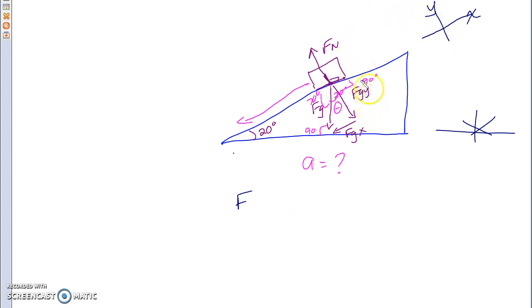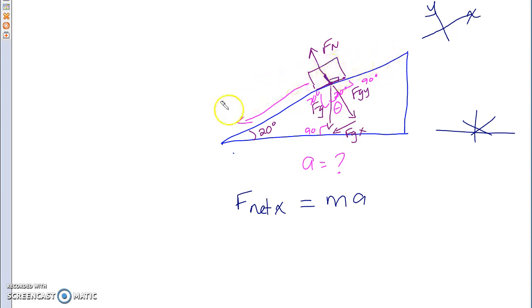So the question was, if I had an object sliding downhill, what acceleration would this object have? First thing we're going to say is that F net in the x direction has ma. Well, if it's got acceleration, it's got an F net. So what are the forces in the x direction? We said there is no friction.